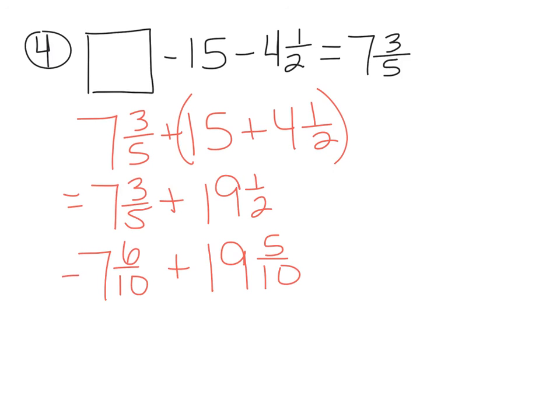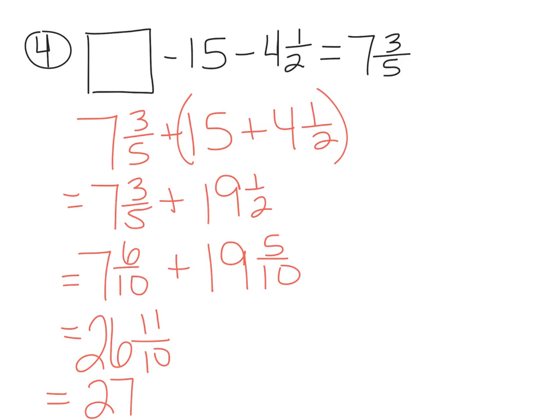So let's add them up. So let's do our fractional part first. 6 plus 5 is 11 tenths. 7 plus 19, oh yikes, 26. Well, 11 tenths, that's more than 1. So I can actually make it 27.